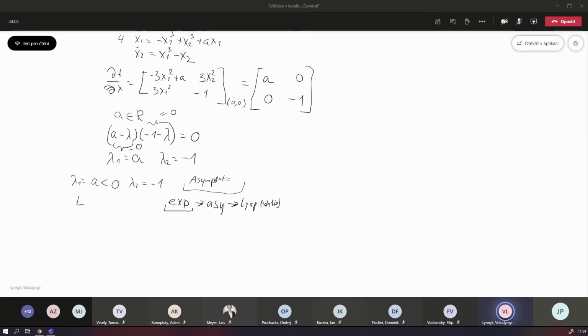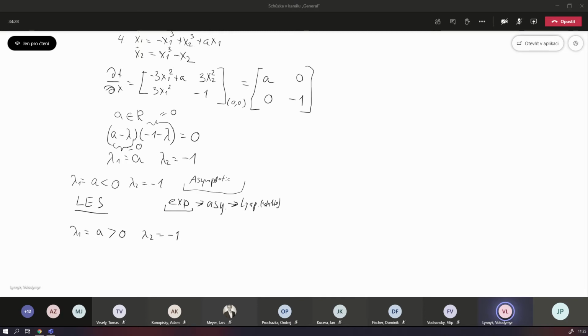Okay, local exponentially stable. Okay, another case, lambda 1 equal to a greater than 0 and lambda 2 equal to -1.